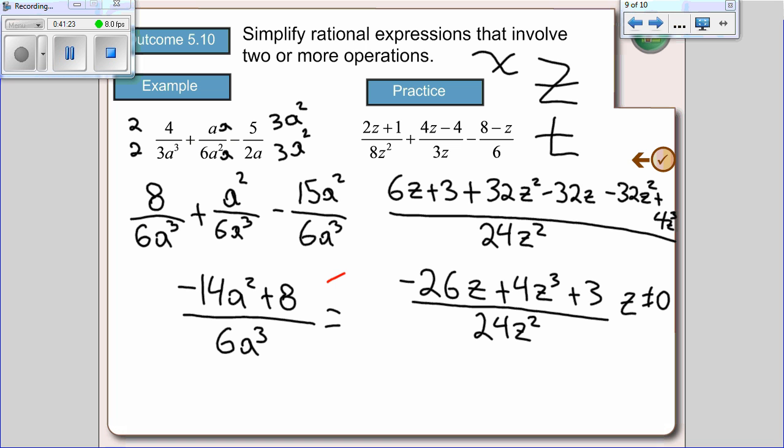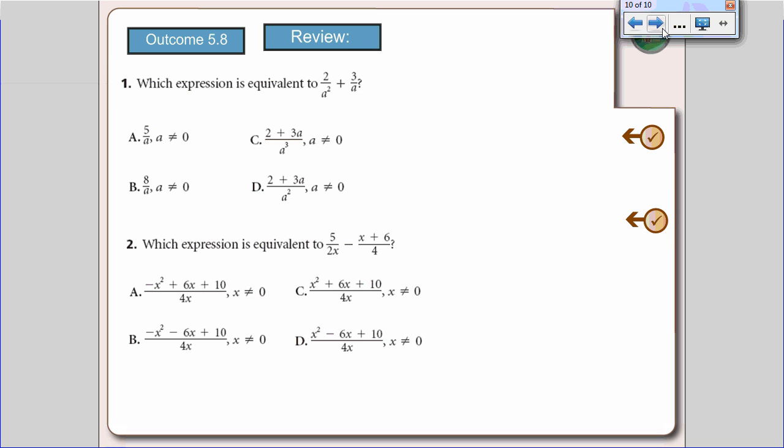Our last two questions. Multiple choice questions. Let's put our phones away. The way I would do multiple choice questions, and I've said this a few times, completely ignore the answers.